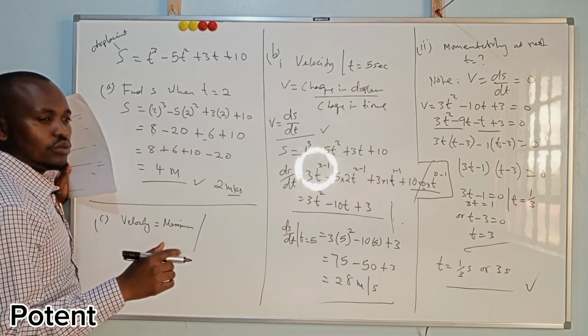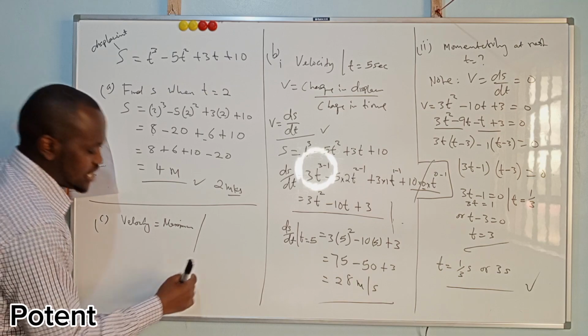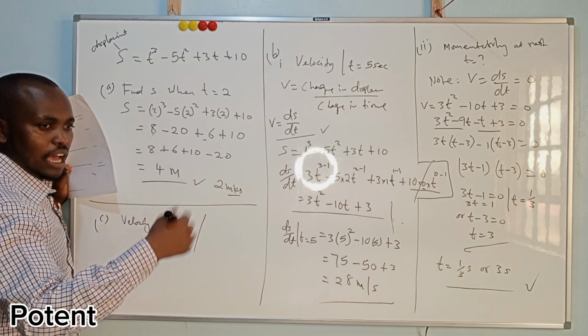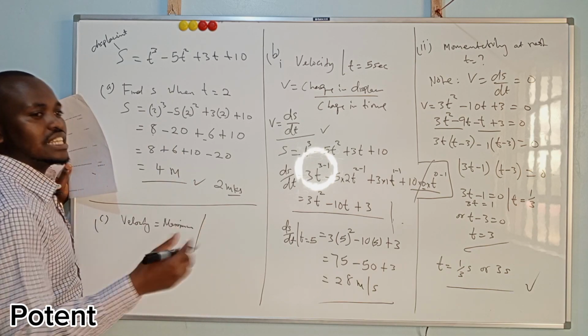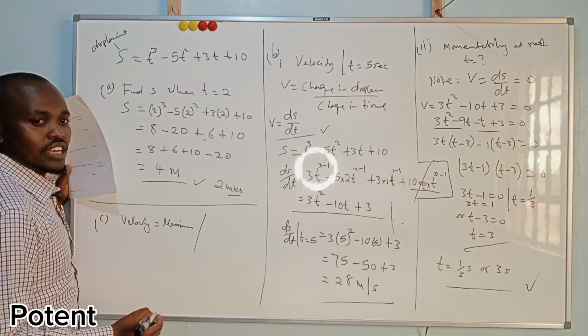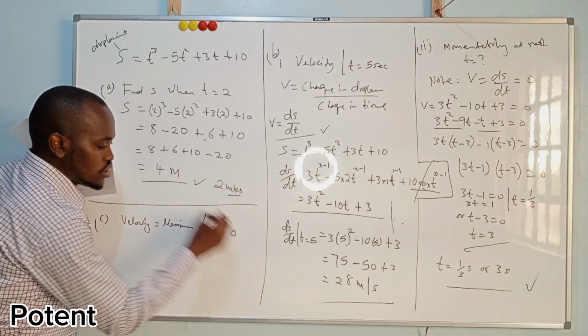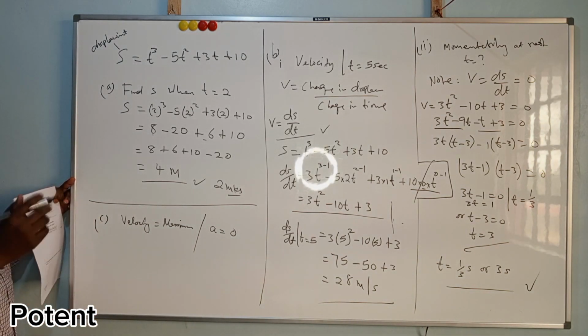At the time when it has the highest velocity, or a particle you have just thrown has reached maximum velocity, at that time it cannot accelerate any further. So acceleration equals 0 when velocity is maximum. You need to note that.